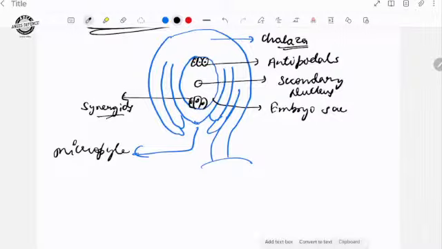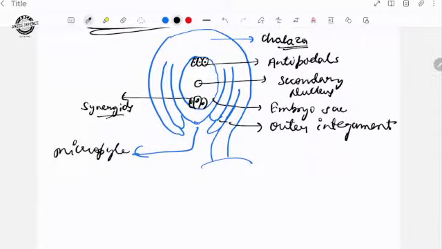After synergids, the main part it is having now, this is outer integument. This is inner integument. These are the parts of the female gametophyte.